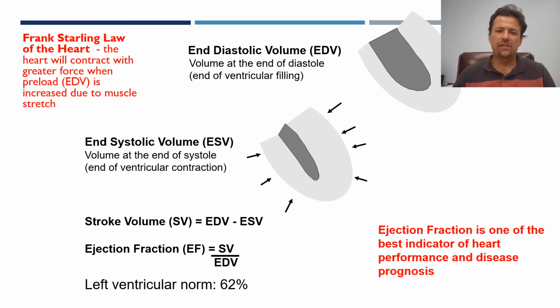Now, this gives rise to an important concept, that's called the ejection fraction. The ejection fraction is your stroke volume over your end diastolic volume. It's a measure of what proportion of your end diastolic volume is actually being ejected. And we just explained the principles behind that, reminding you of the Frank-Starling law of the heart.